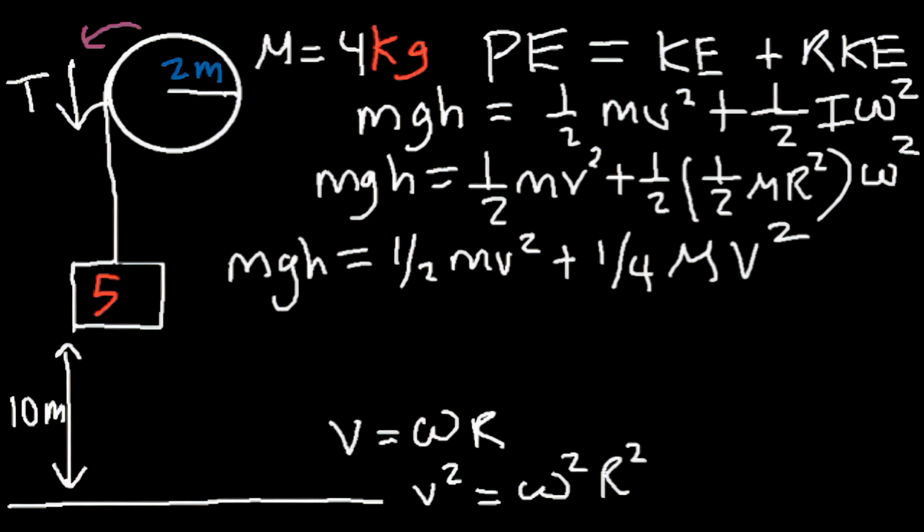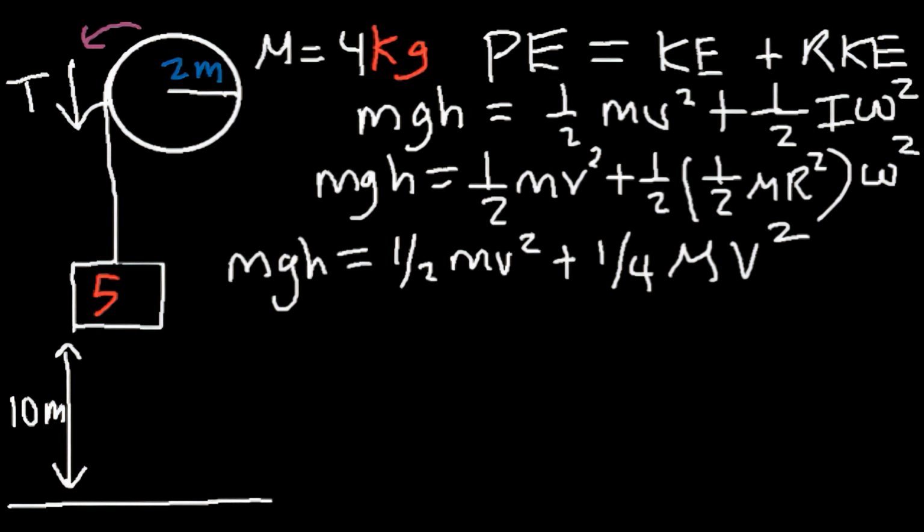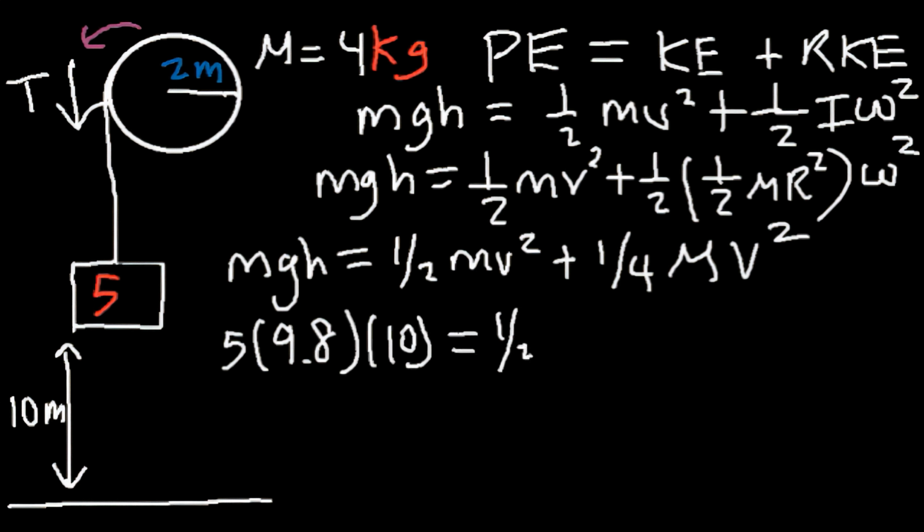So at this point, we can plug in everything that we have, and let's solve for v. The mass of the block is 5, gravitational acceleration is 9.8, and the block is at a height of 10. We're looking for v, and the mass of the pulley is 4.